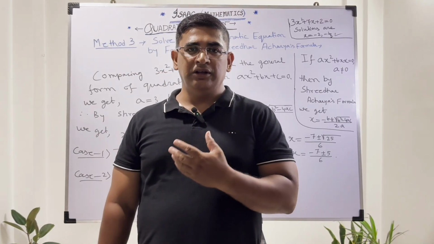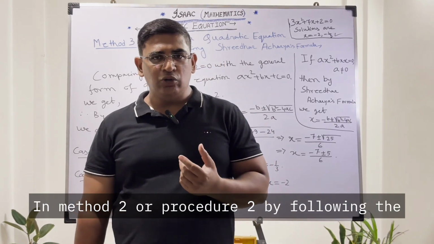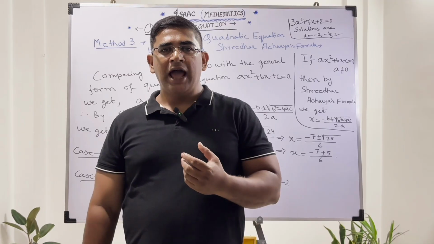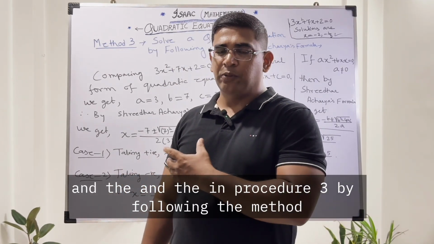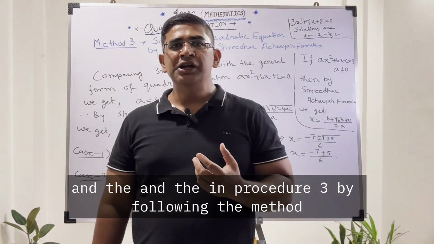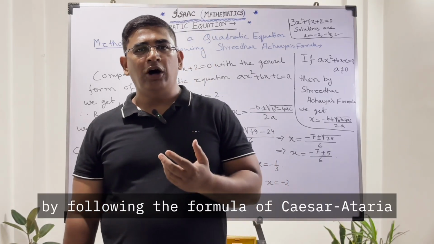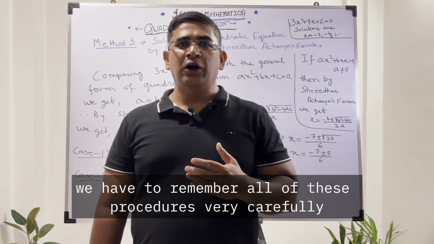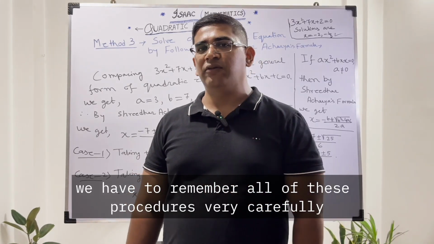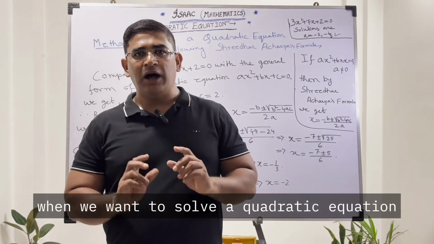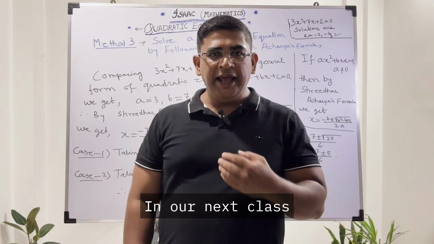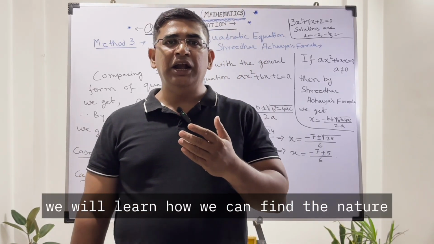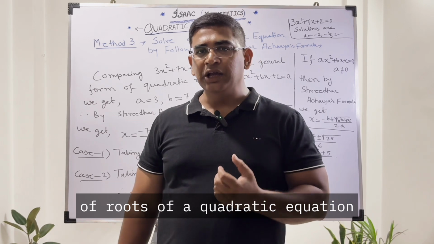In procedure 2, by following the method of completing squares, and in procedure 3 by following the formula of Sridhar Acharya. So, we have to remember all of these procedures very carefully when we want to solve a quadratic equation. In our next class, we will learn how we can find the nature of roots of a quadratic equation.